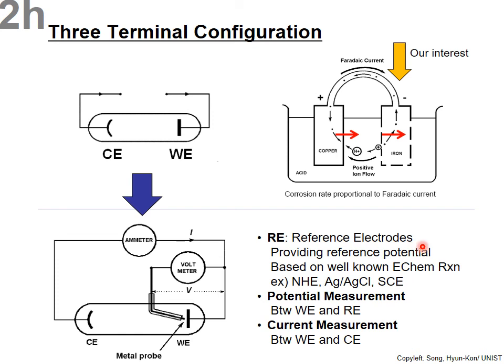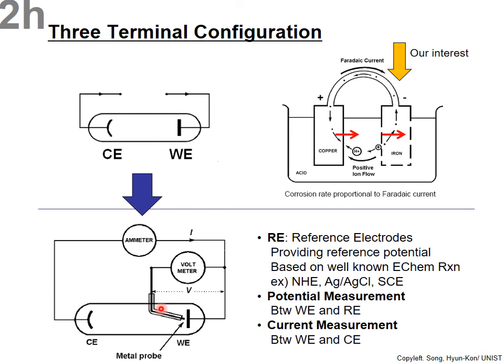Reference electrodes provide a reference potential which is always constant through the experiment. So we will measure the potential difference between working electrode and reference electrode.